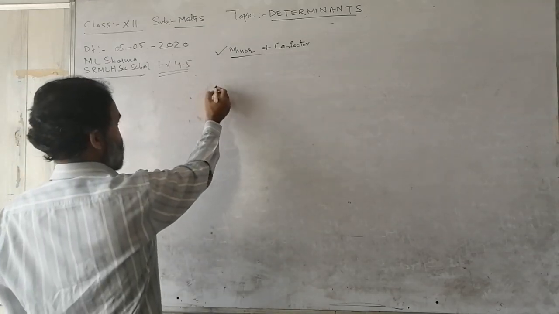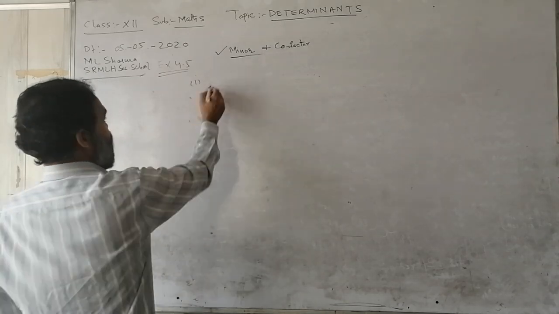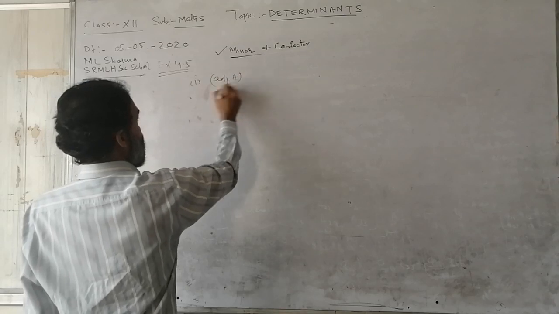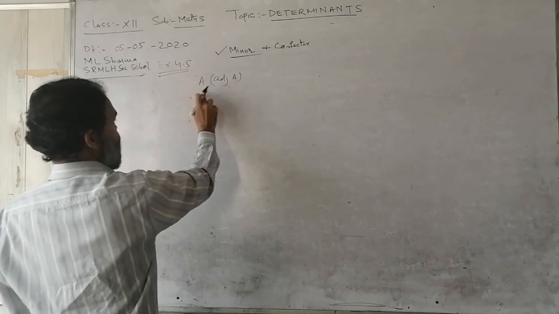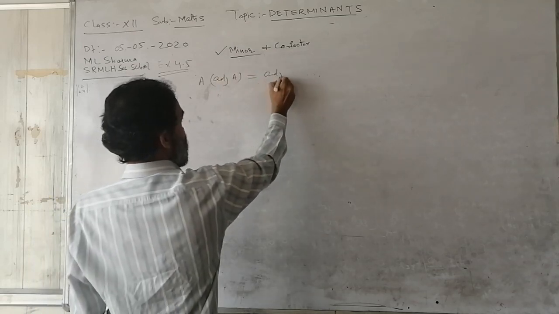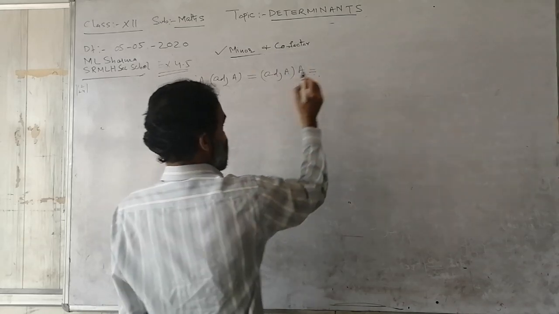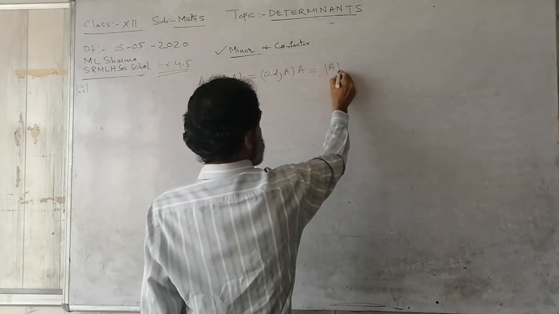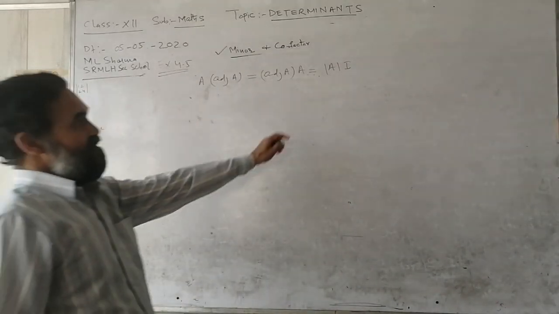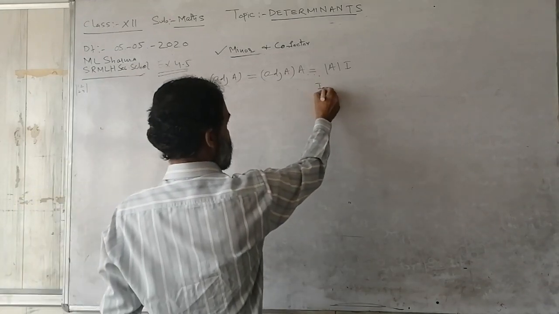So the first is result number 1, or it is a theorem. A times adjoint A is equal to adjoint A times A, which is further equal to determinant A times I, where I stands for the unit matrix.